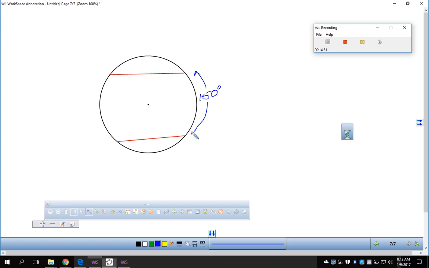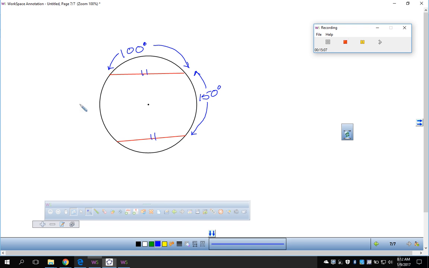And they tell you that this is 100 degrees from here to here. And they tell you this is congruent to this.